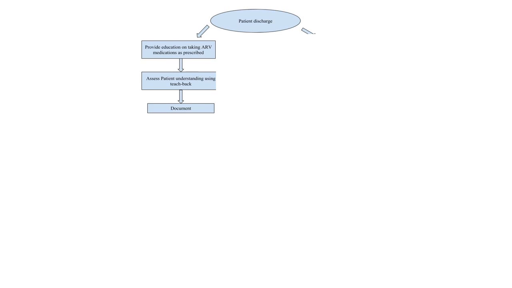At patient discharge, if the patient was diagnosed as HIV positive, it would be very important that the nurse provide education on the patient-specific medication regime, because ARV medications can be very complex, and in order to assess patients' understanding, we would use the teach-back method, and the nurse would document this education.